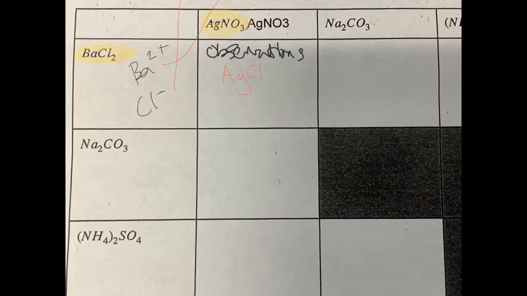Now it's a +2 to -1 charge, so it's going to be Ba(NO3)2. Now, technically, in terms of balancing the overall reaction, there would be 2 of these, but for this lab, all we care about is what's being made. So you just need to write the possible products in each box.